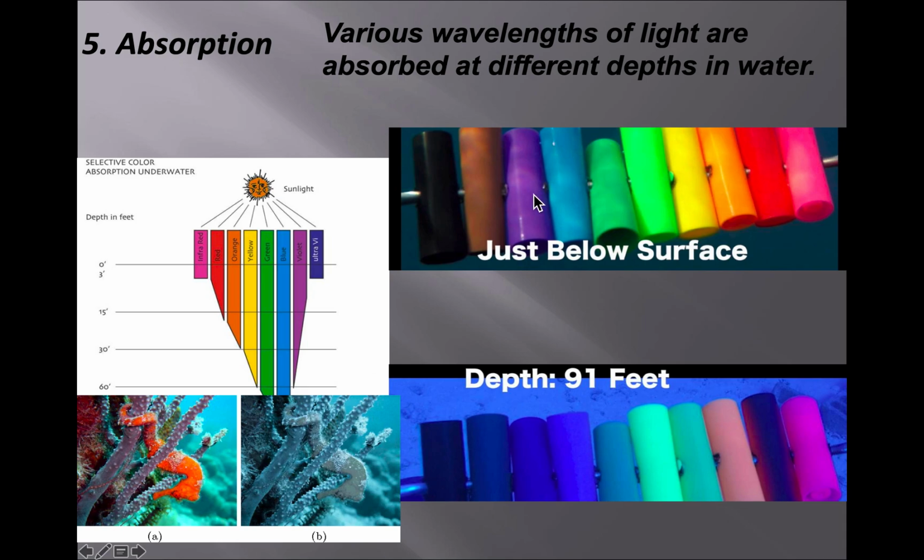This actually came from a video of a scuba diver where he had these colored tubes, and as he dove down, you can see how the colors have been muted out and how much they have changed from close to the surface to over 90 feet into the water. A lot of the colors have been absorbed as you go further down.